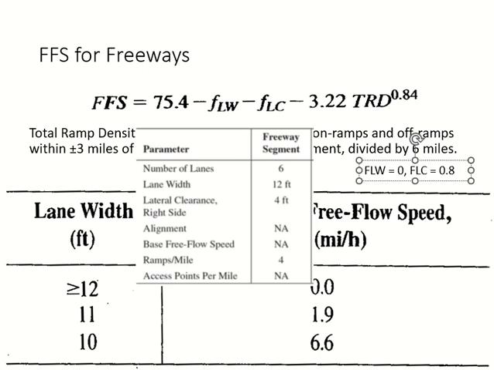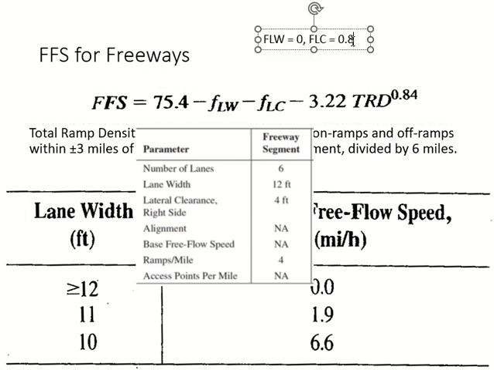What is this TRD? Total ramp density, which is given as 4 ramps per mile. So how much is the free flow speed?